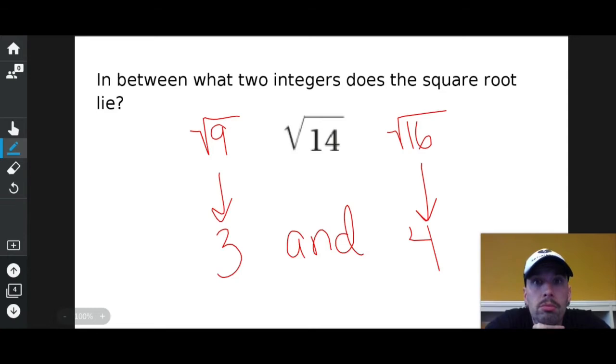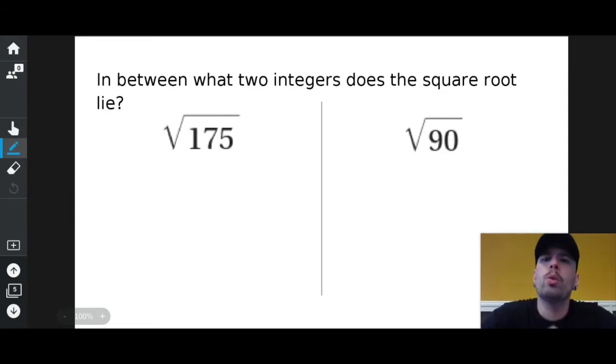That's it. Done. In between what two integers does the square root lie? I don't know what the square root of 175 is, so let me think of my big square roots. 100, 121 is 11, 144 is 12, 169 is 13, 196 is 14.